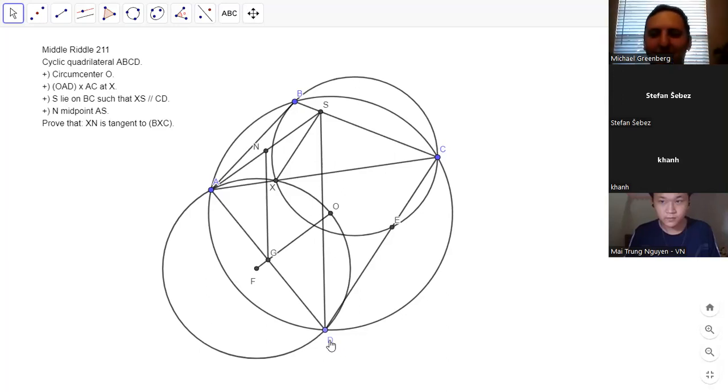I wanted a problem that was super easy. This one looks like, I don't know how easy this one is. So we want to show NXB is BCX, which is BCA, which is BDA.